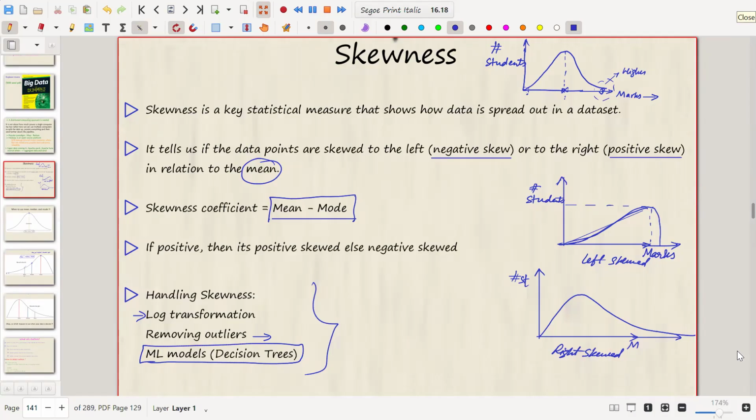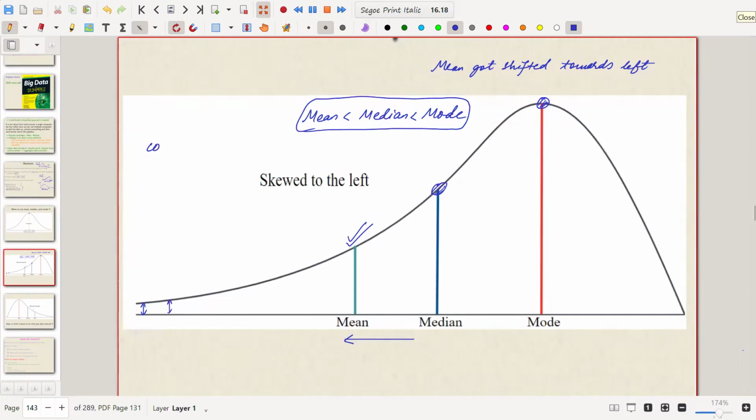Mean minus mode. Here the mean is less than the mode, so this should be less than 0. So it is negative, and if it is negative, this is known as negative skewed.